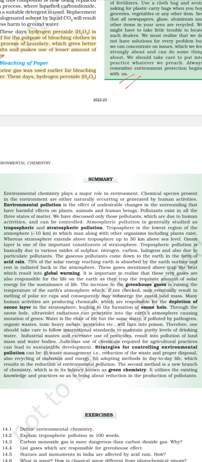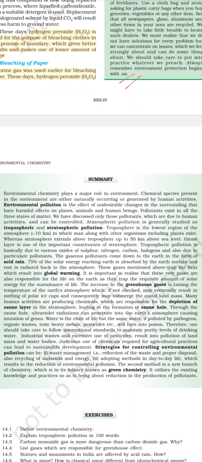Water is the elixir of life, but the same water, if polluted by pathogens, organic waste, toxic heavy metals, pesticides, etc., will turn poisonous. Therefore, one should take care to follow international standards to maintain purity level of drinking water.